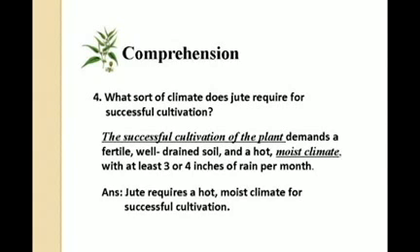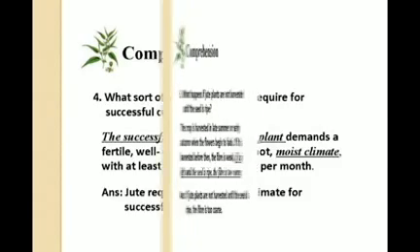The sentence, the successful cultivation of the plant demands a fertile, well-drained soil and a hot, moist climate with at least 3 or 4 inches of rain per month. So, the answer is jute requires a hot, moist climate for successful cultivation.